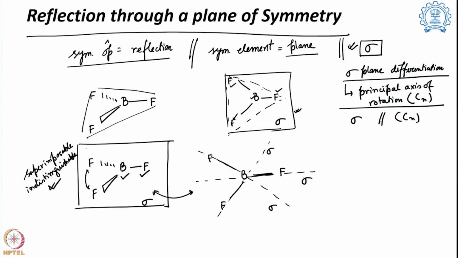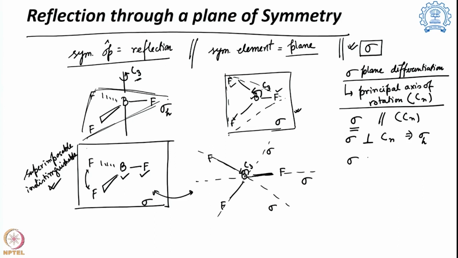Previously we found that the principal axis is this one, a C3 in the BF3 molecule. Now, if your sigma plane is perpendicular to your principal axis, for example, this is the C3 and you can see this particular plane is perpendicular to it, we define it as sigma h. So, it is a sigma h plane.